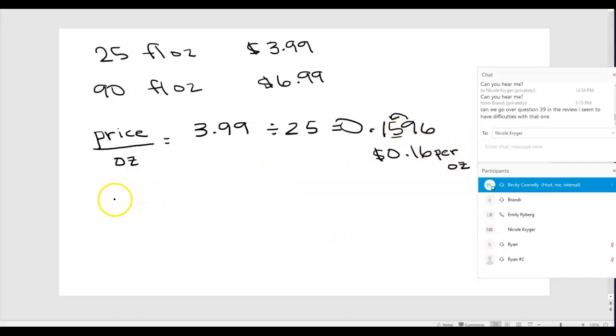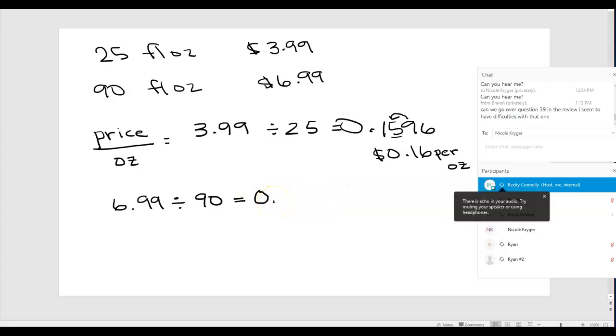And then the other one, let's figure out. So now we'll do 6.99 in your calculator divided by 90. So now we have 90 fluid ounces. Okay, so what does it say on your calculator?